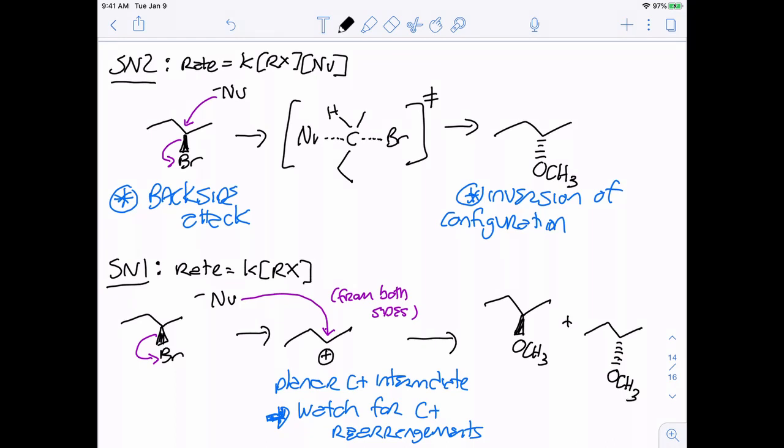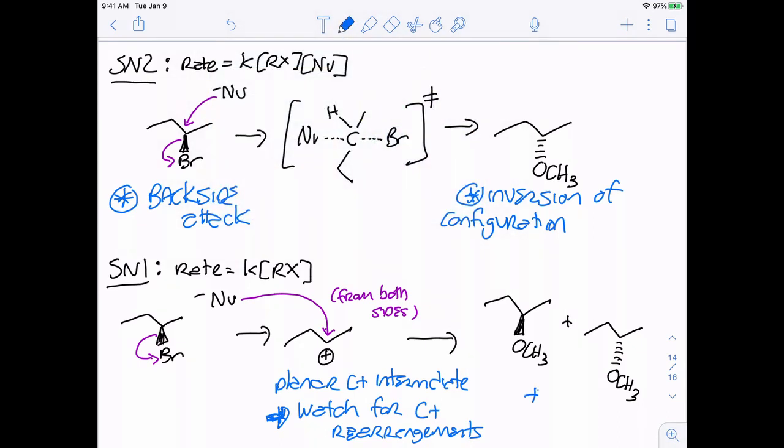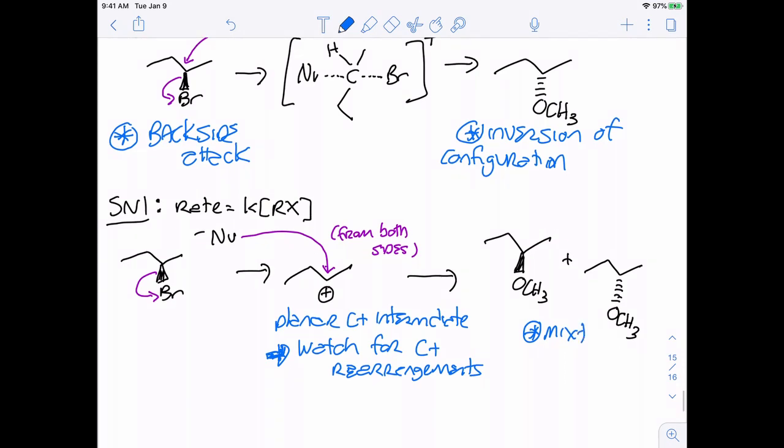So both of those. So we get a mixture of stereoisomers. In this case, racemic, it doesn't always have to be. Remember, again, racemic means you have an equal amount of two enantiomers.